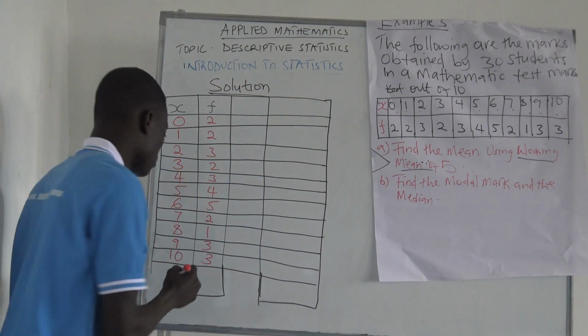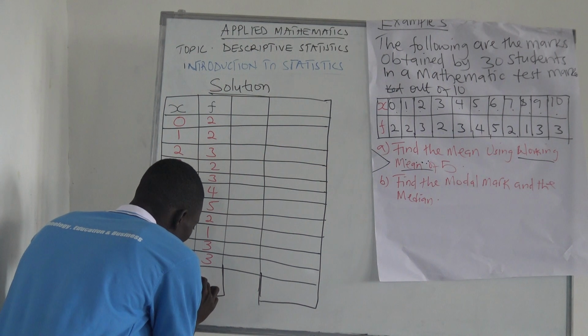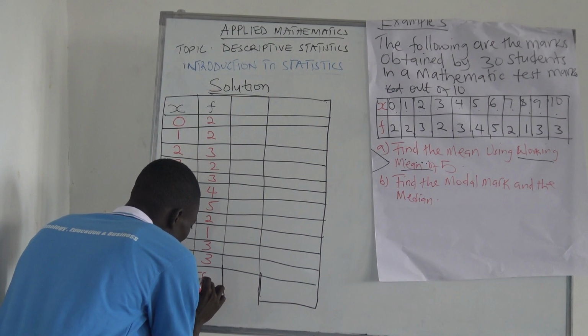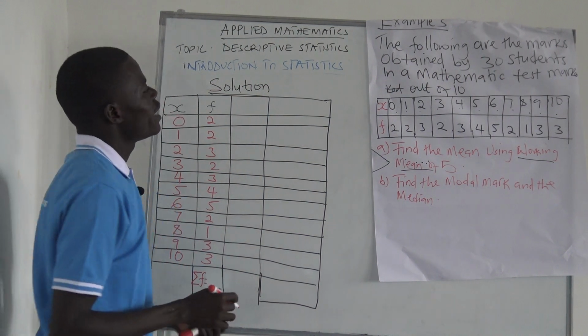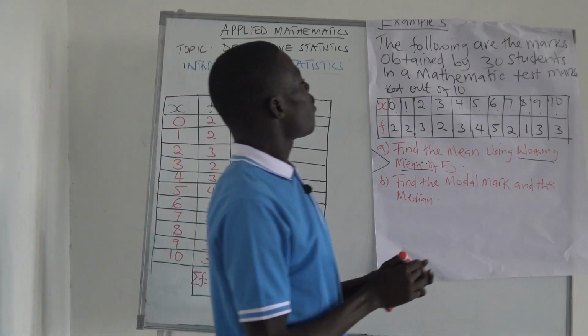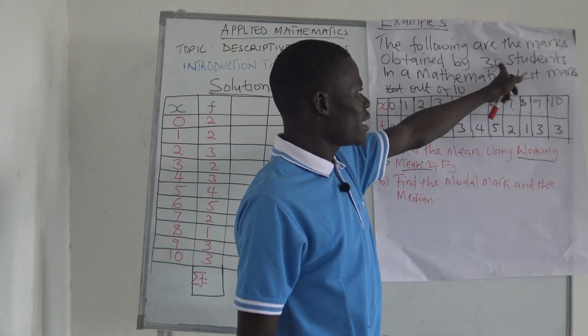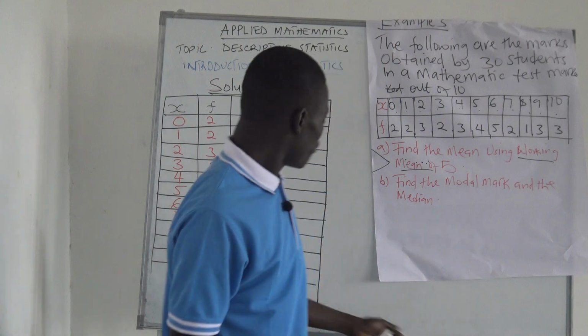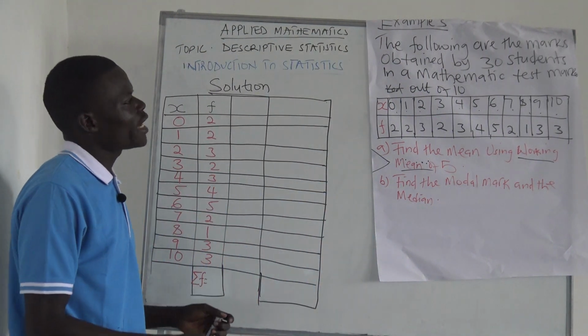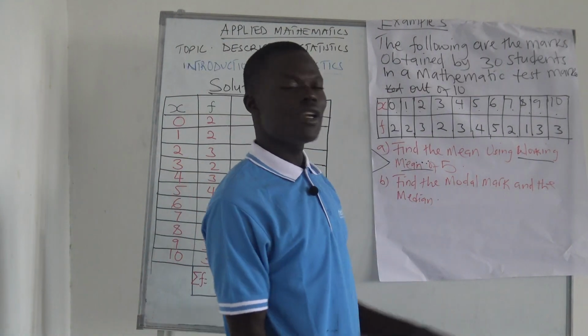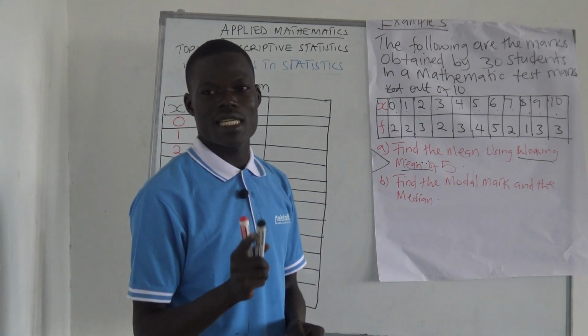That's the first step. Summation of f equals the number obtained by certain students. If your summation of frequency exceeds 30 or is below 30, it implies you have a mistake.